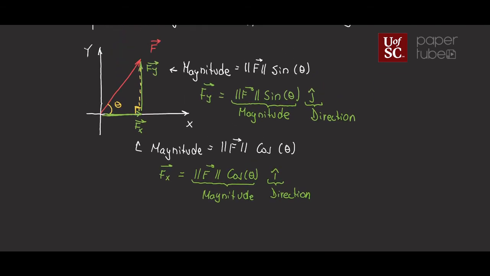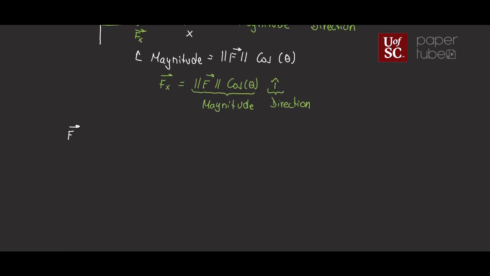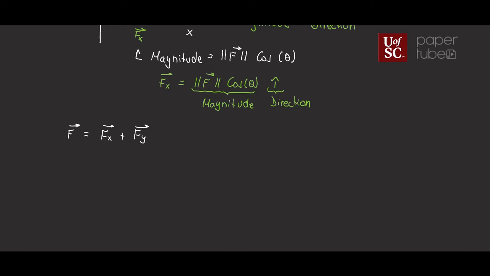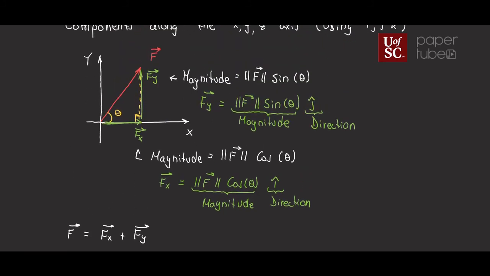We can say that F is Fx plus Fy, right? And since we have all of those written in terms of magnitude and direction, I can finally write the whole thing down. So my F is Fx plus Fy. We can look at that based on that diagram and what we studied before in terms of the heads and tails method or the parallelogram law. That's basically what we're saying, right? F is equal to Fx plus Fy.